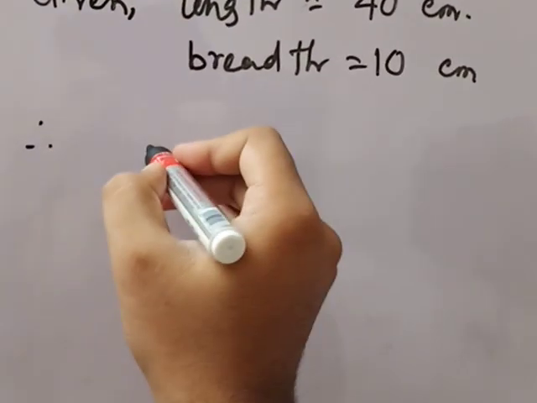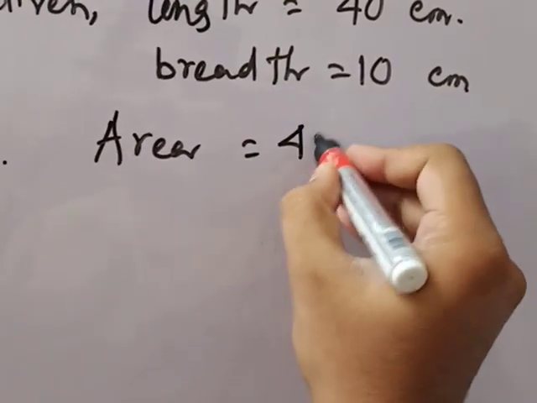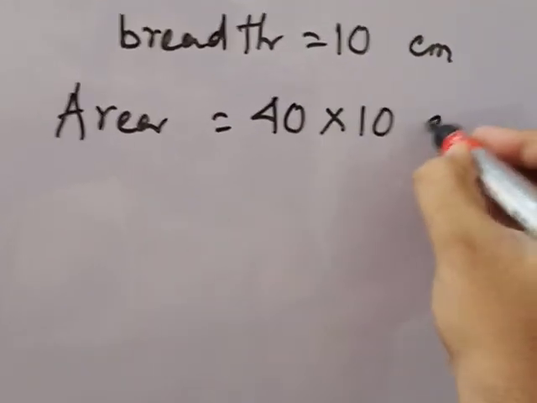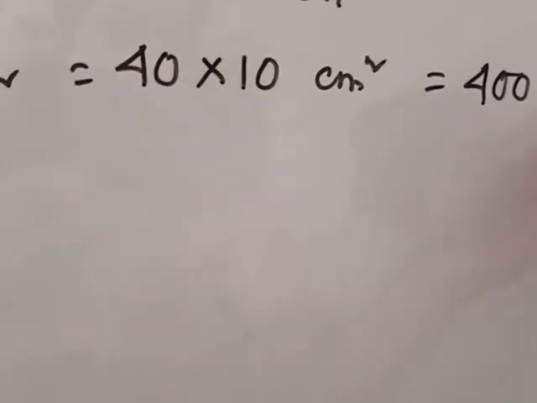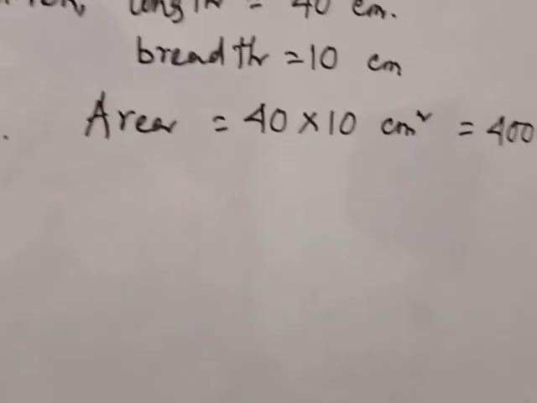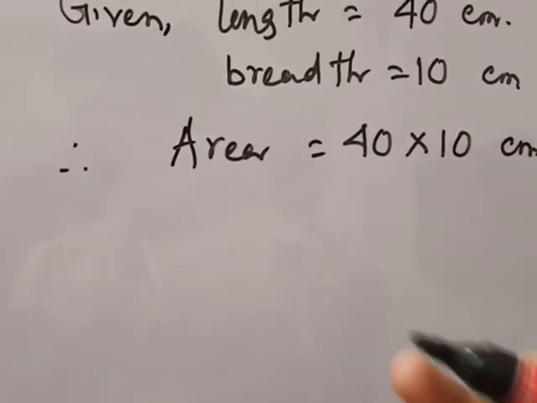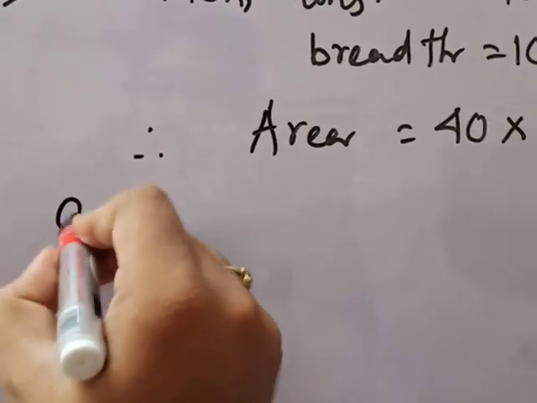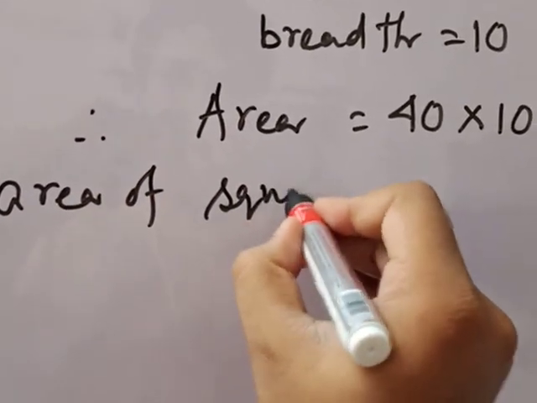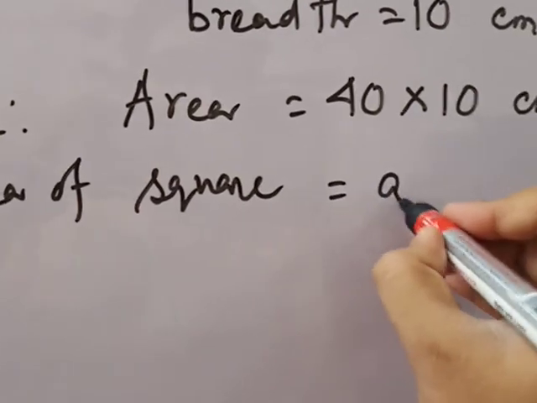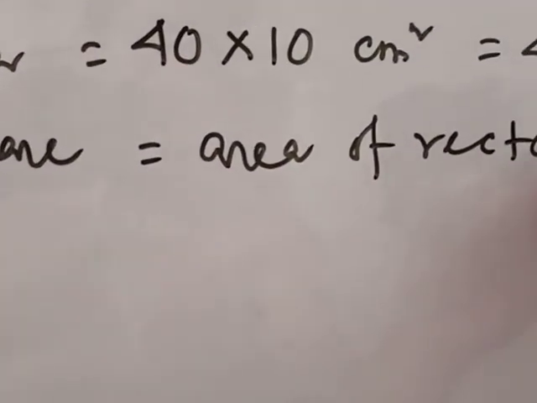Now the area of the rectangle is 40 into 10 centimeter square. That means 400 centimeter square. Now the area of the square is equal to the area of the rectangle given. So the area of the square equals the area of the rectangle.